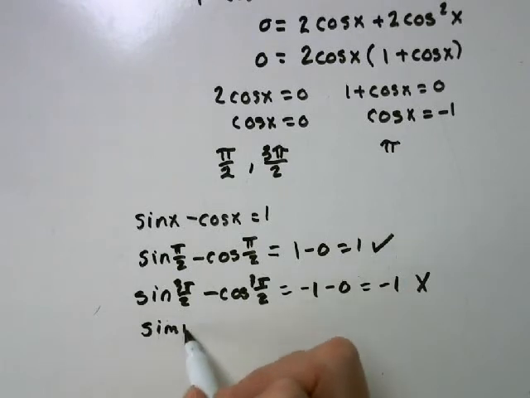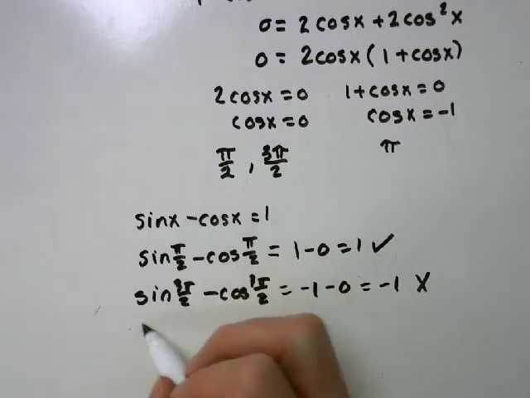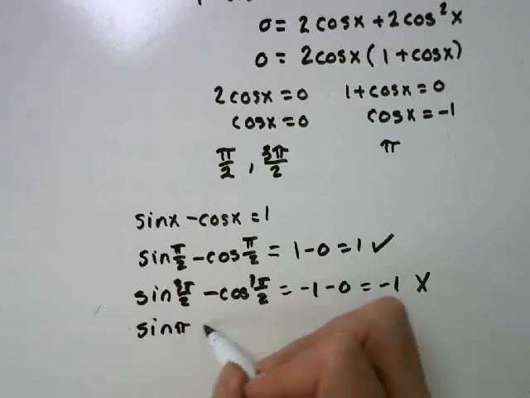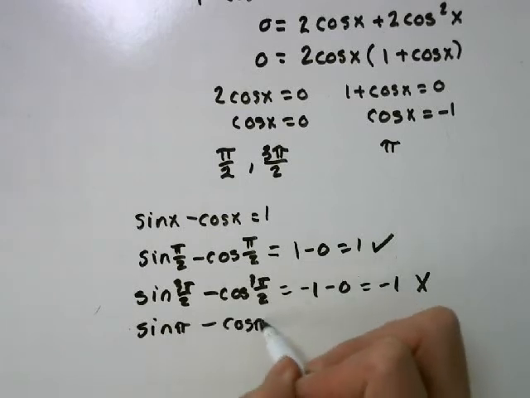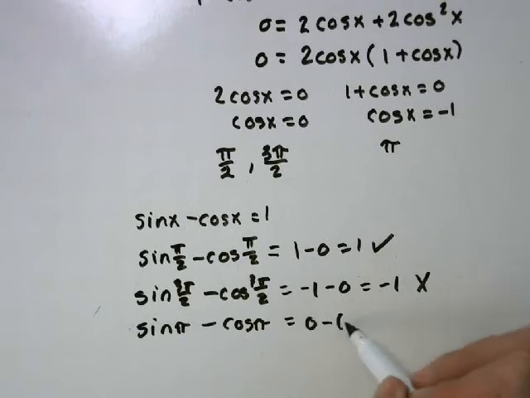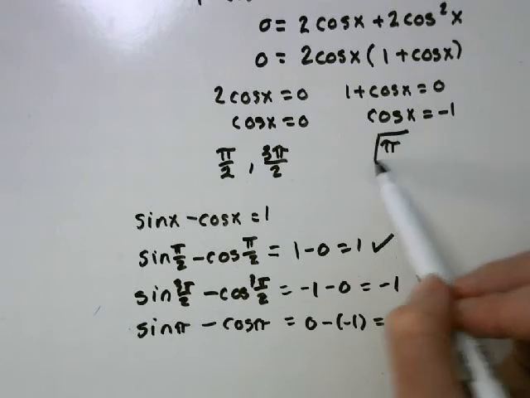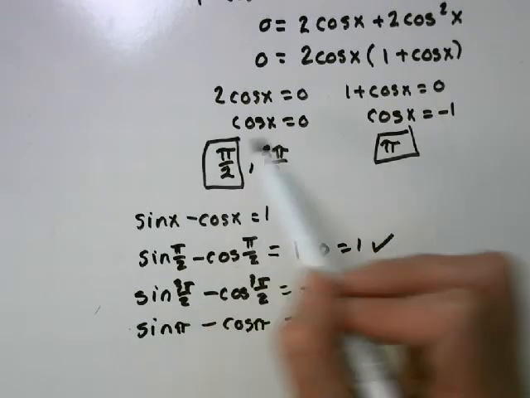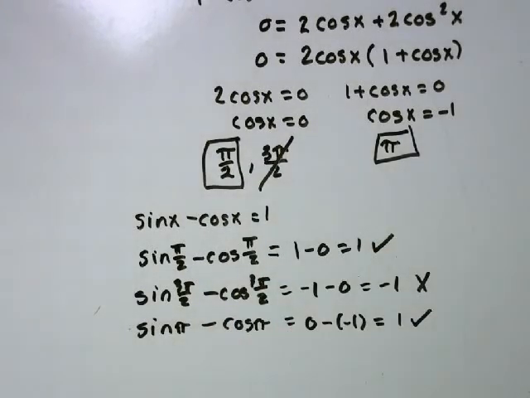And our last one, pi, that's going to be a 0 minus a negative 1, which is 1. So pi works, pi over 2 works, 3 pi over 2 does not work.